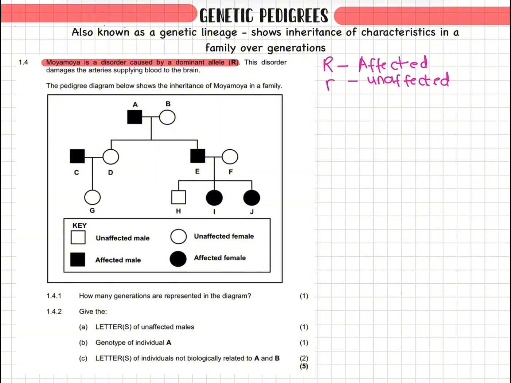Then you identify the generations. There are 3 generations in this family. That's A and B, C, D, E, and F, and then G, H, I, and J. We then look at the number of males and the number of females.